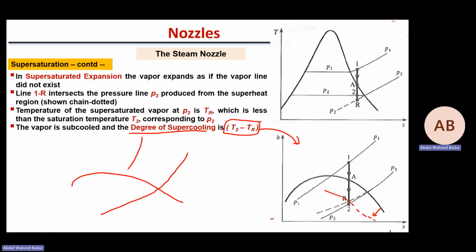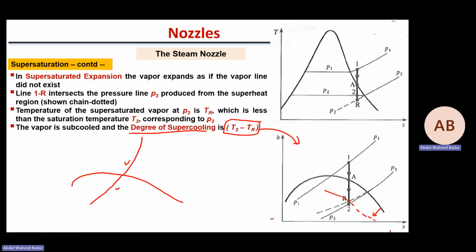Sorry, actually they are like this. You have to see very closely. From here to here, this pressure line shifts a bit, and there is a little shift.